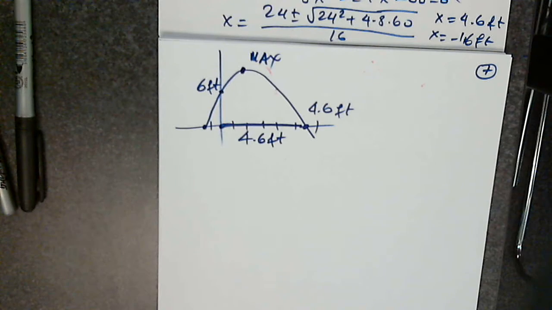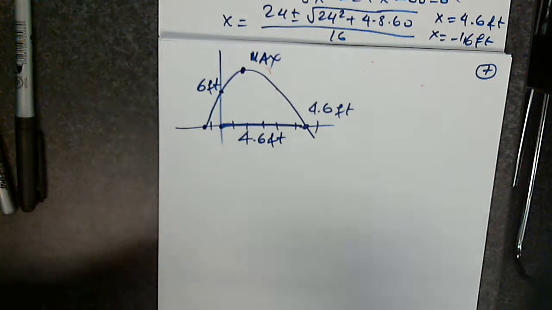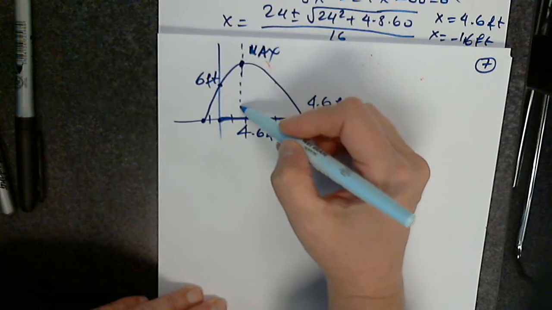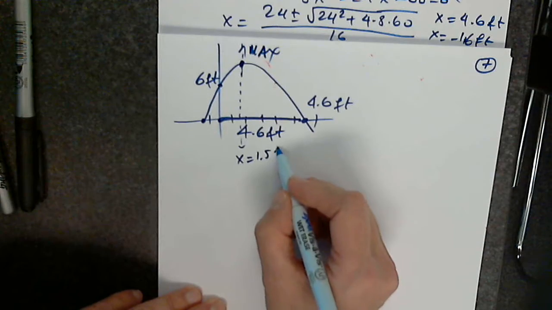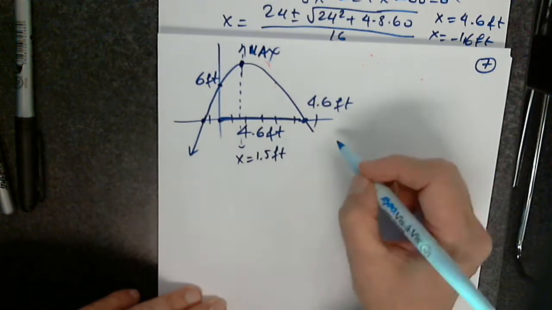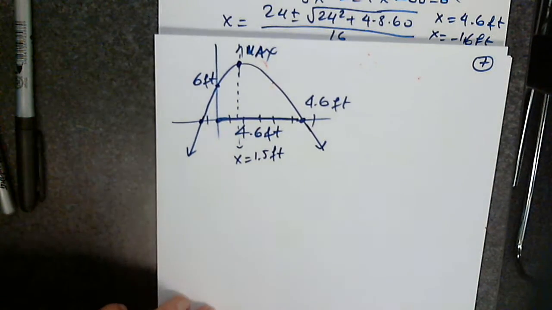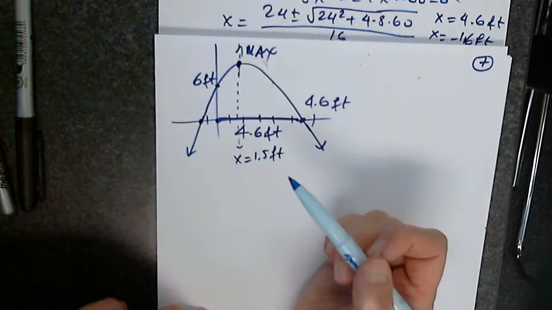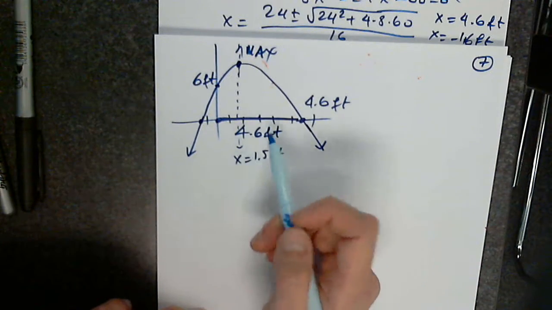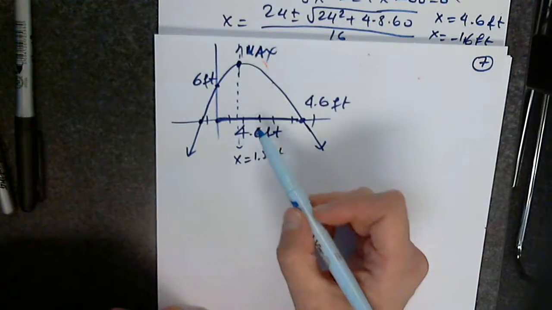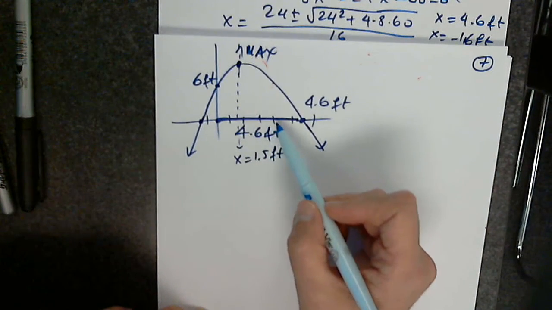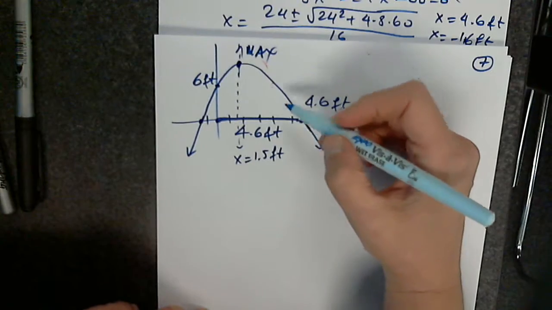Part C, graph the function. Okay, fine. So I would have graphed the axis of symmetry, of course, which is 1.5. And my graph does not look symmetric at all. So 1, 2, 3, 4. Yeah, here's y.